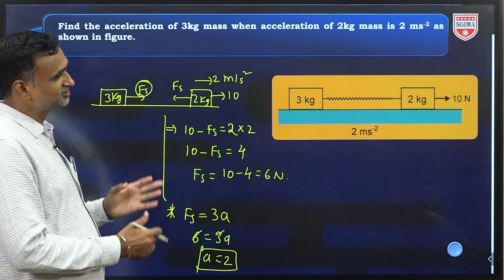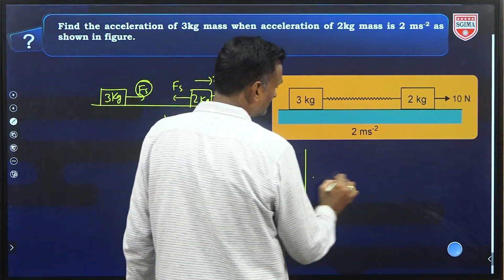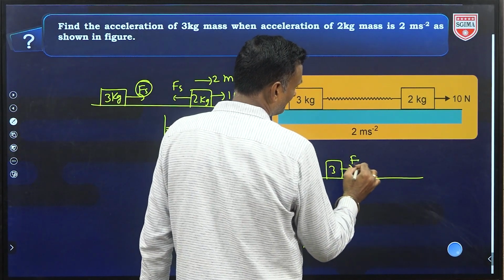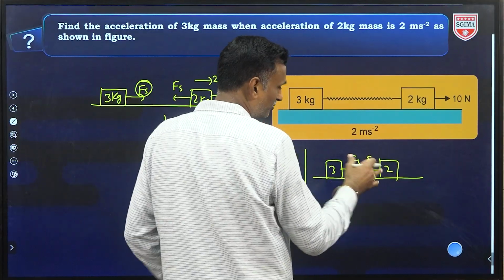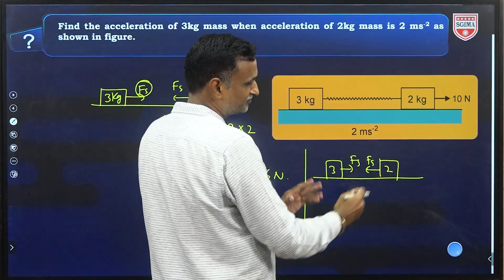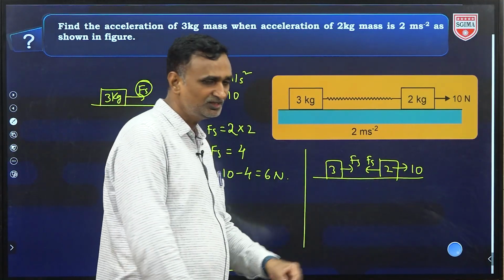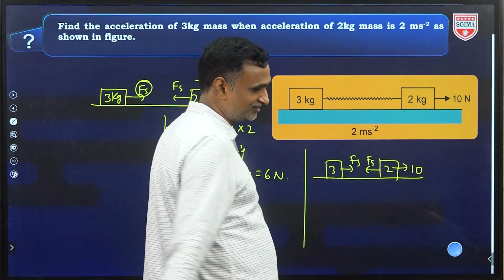And this is one method, individually. Suppose we take all as a system. This is 3 and here Fs and it is 2, here Fs, and all as a system means equal force in opposite directions, so we can ignore the spring force here. Now they will move with the same acceleration generally.